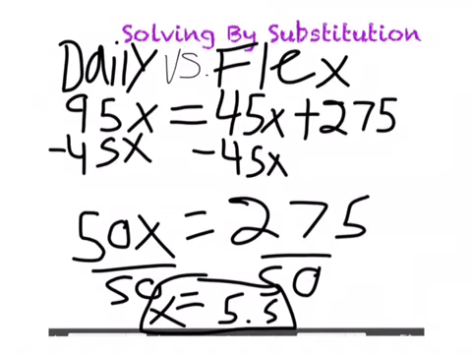So here we're going to solve. Subtract 45x from both sides, because we want to get rid of the smaller x. And so then we get 50x equals 275. So we're going to divide by 50 on both sides. So then we get x equals 5.5. What this means is, if we want to ski less than 5 days, we want to get the daily pass. But if we want to ski more than 5 days, we want to get the Flex Pass.